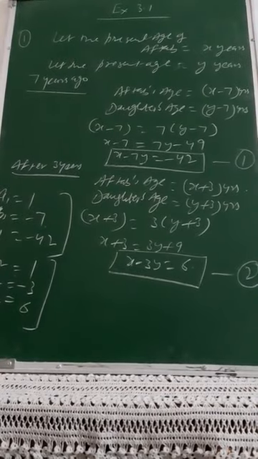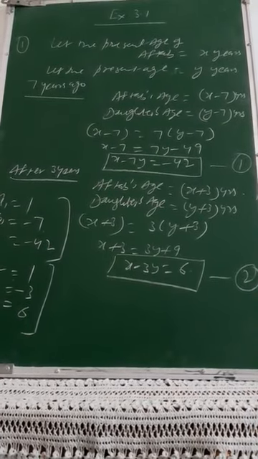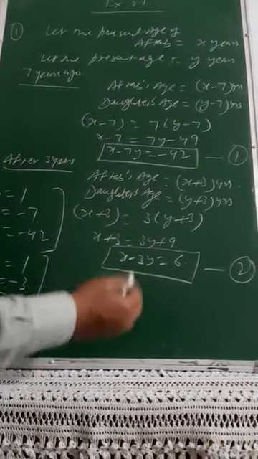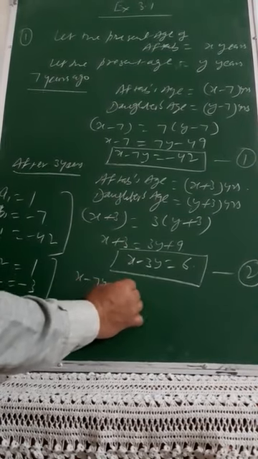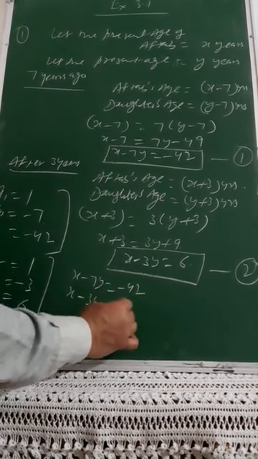Before that, one suggestion I would like to share with you, dear students. Better to get the values of x and y from these two equations as I am writing here. This is just for your knowledge. This is x minus 7y is equal to minus 42, and also x minus 3y is equal to plus 6.